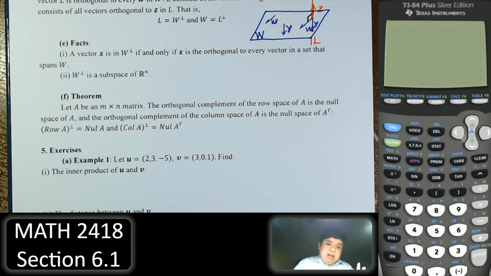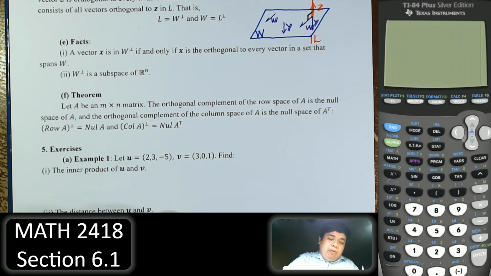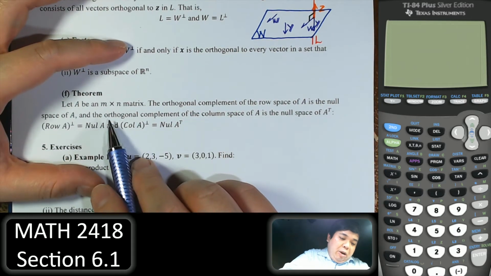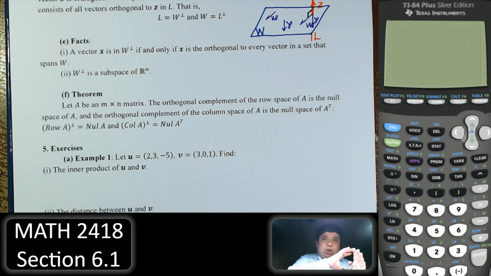For the matrix A, to find the row space we do the reduced row echelon form and take every row that has a pivot on it, and that gives us the basis for that space.